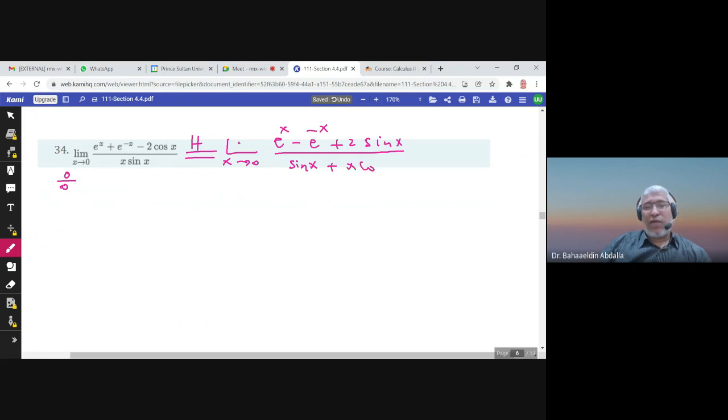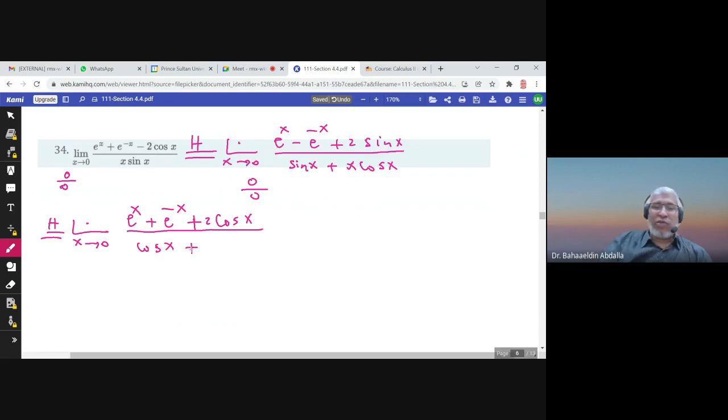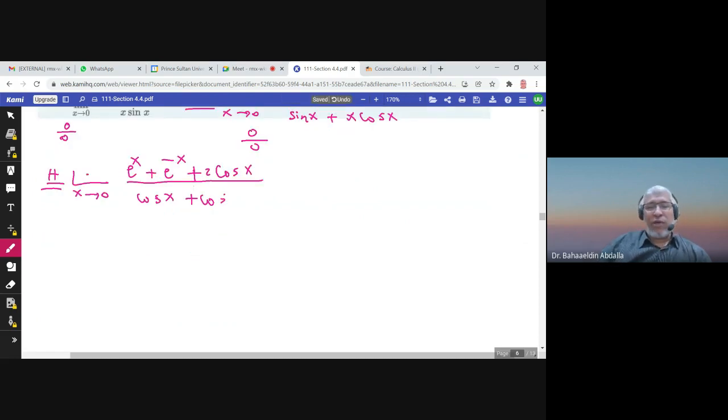Derivative of sine is cosine. Replace x by 0. 1 minus 1, 0 plus 0, 0. 0 plus 0 times cosine, that's 0. Use L'Hopital's again. Derivative of e to the x. Derivative of e to the power negative x. Derivative of sine is cosine. Product rule. Derivative of x is 1. Derivative x times derivative of cosine is negative sine.